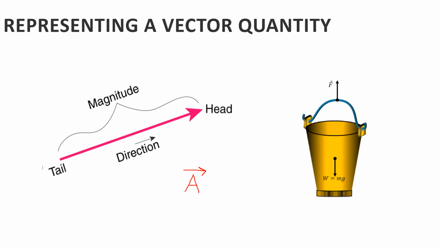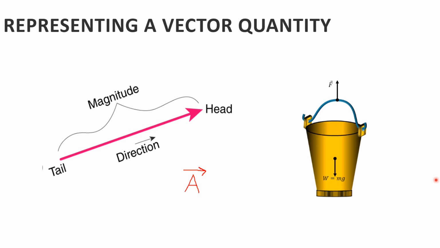It has a tail and head. The arrow indicates the direction. Here, for example, weight acts downwards and a tension upwards. So we can represent the force as an arrow on top of the F.